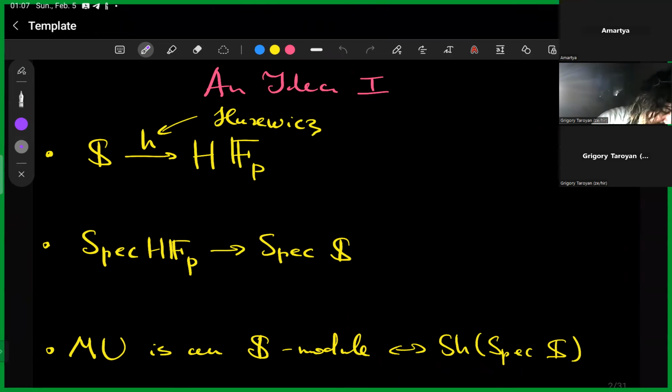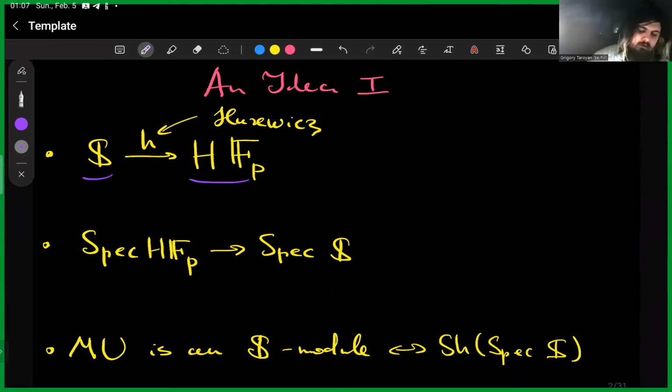So consider the sphere spectrum S and the Eilenberg-MacLane spectrum for mod p cohomology. And we obviously have a ring map between the sphere spectrum and the cohomology spectrum. It induces a map in the opposite direction on spectra of these ring spectra.